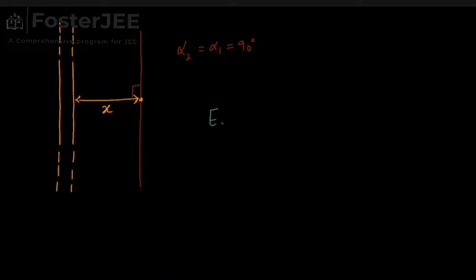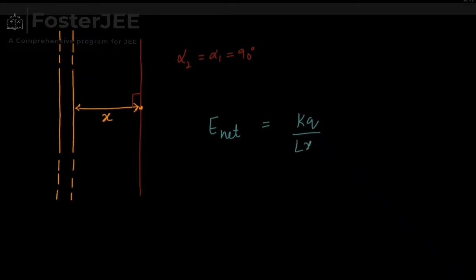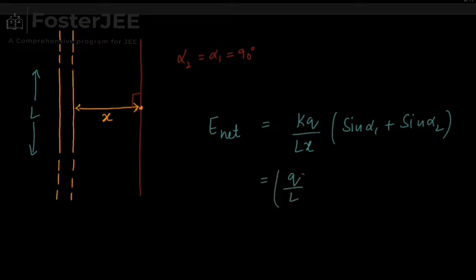Hence, our expression of electric field was kq upon Lx (sine alpha 1 plus sine alpha 2). Now, since L, that is length, is tending to infinity, we can separate q upon L into k upon x.